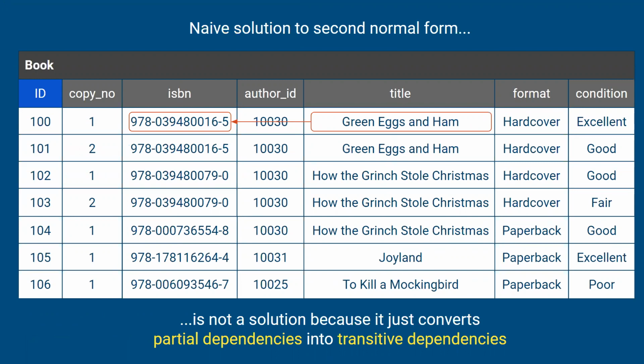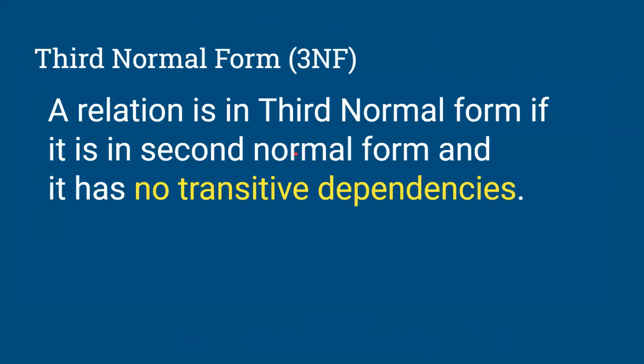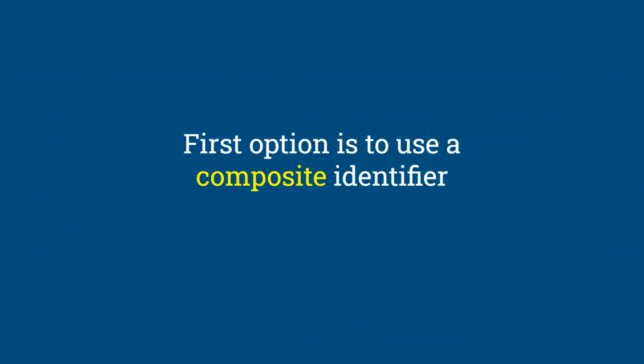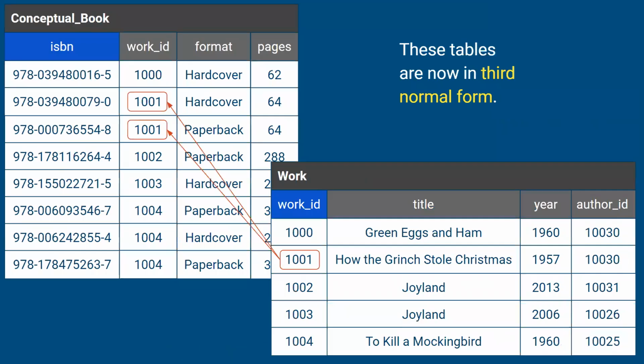Why is this different? It sounds the same. You're just making up a new key. And the reason is because when I do it here for second normal form, I've already got these partial dependencies before. I'm now just converting to transitive dependencies. Over here, when I'm doing it in third normal form, I've already split out a different kind of thing.